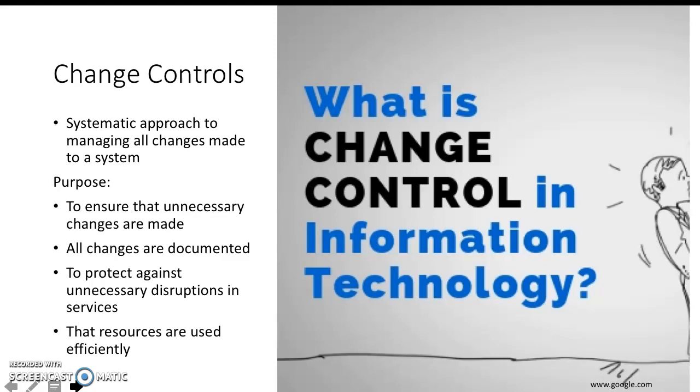The main purpose of that is to ensure that no unnecessary changes are made, and that all changes are documented and also protected against unnecessary disruptions in services, like we saw in the case we looked at before this, and also that the resources are used efficiently.